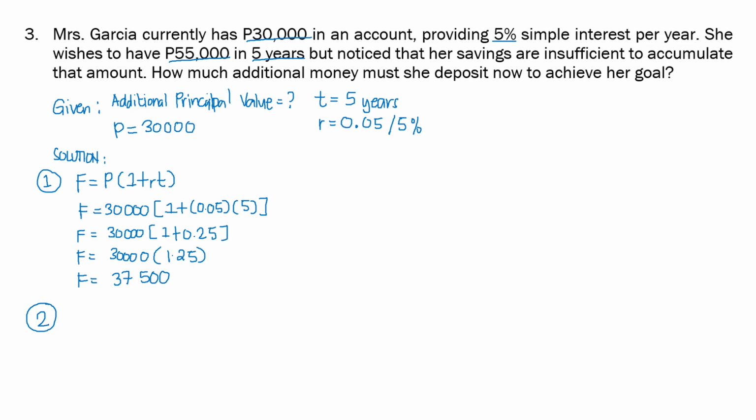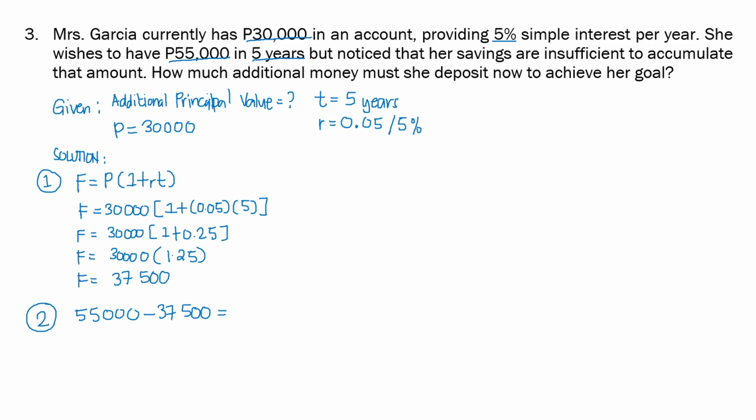Atong second step is atong pangitaon ang pilay kuwang nga amount, pilay kuwang future value para ang 37,500 mahimong 55,000. Again, our second step, atong pangitaon ang pilay kuwang sa 37,500 para mahimo siyang 55,000. So, to solve that, we have to subtract 55,000 minus 37,500 kung pilay kuwang nga future value.